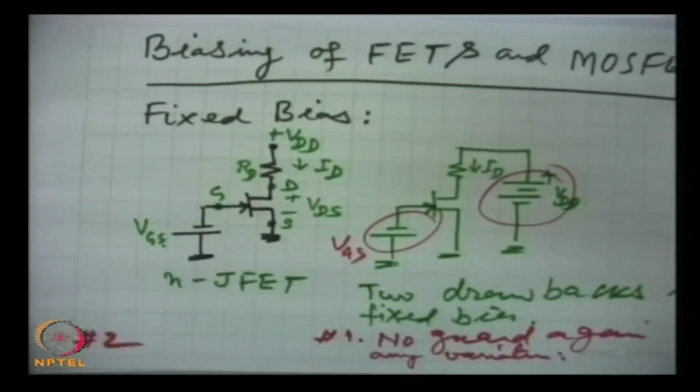This circuit I have drawn for N JFET. This can be shown for P JFET also, simply by reversing the sign of this battery.